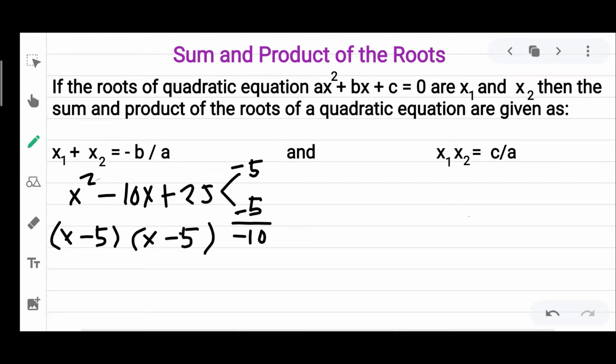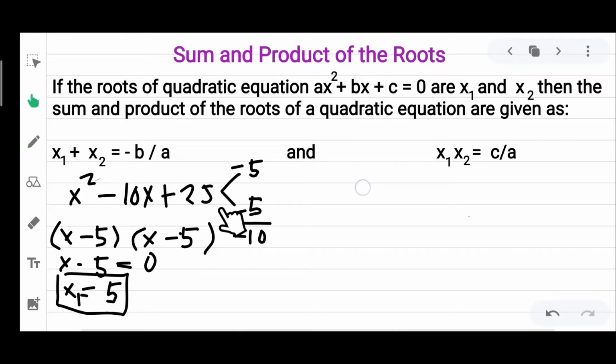Okay, para makuha natin yung first root, kailangan nating mag-focus sa first factor na nakuha natin, which is x minus 5. So, we have x minus 5 equals 0. Bring down x equals. Kapag nilipat natin si negative 5 sa kabila, siya ay magiging positive 5. And this is our first root.